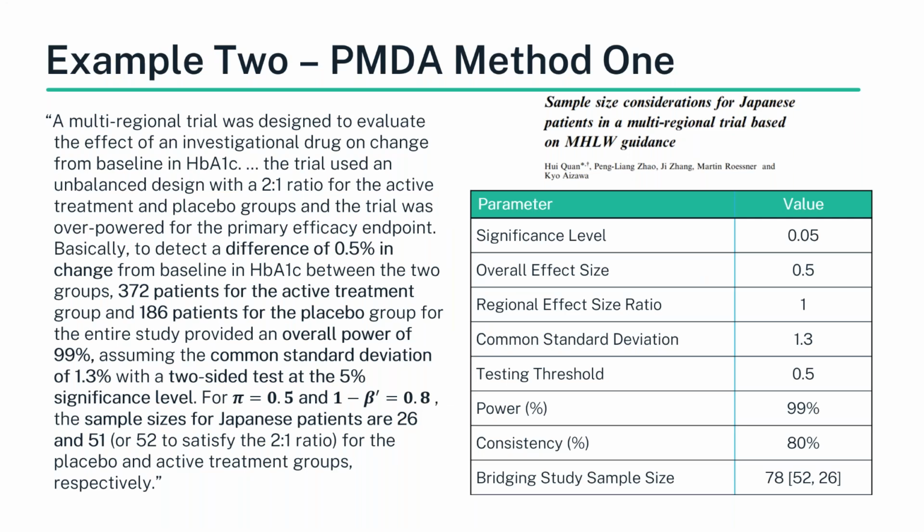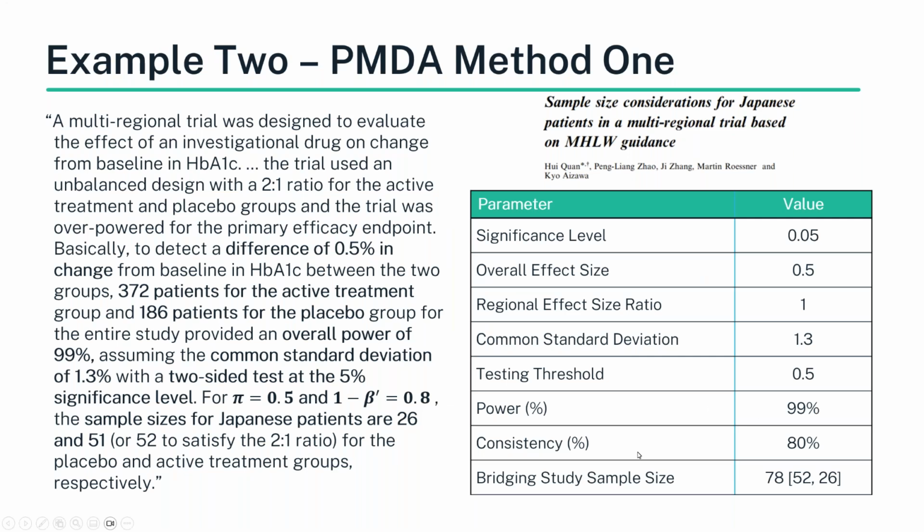And so for pi equal to 0.5 and consistency equal to 0.8 or 80%, the sample size for the Japanese patients would be 26 in the control group and 51 in the treatment group, or 52 to satisfy the 2-to-1 ratio.